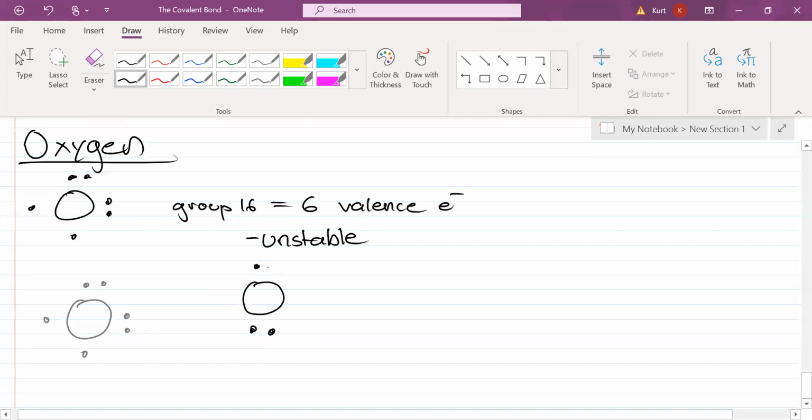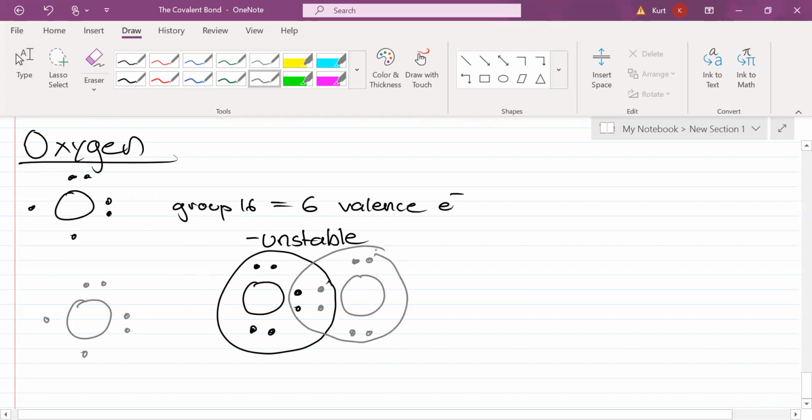1, 2, 3, 4, 5, 6. 1, 2, 3, 4, 5, 6. How many valence electrons does the black oxygen have? 8. How about the gray one? 8. What type of bond is that?